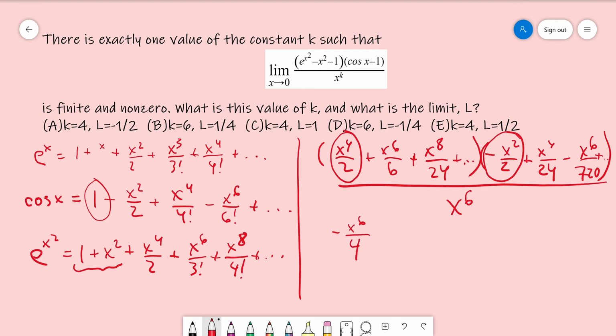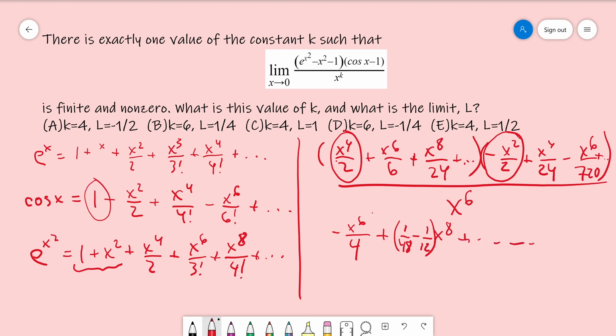And then the rest of the terms are going to be higher powers, like x to the 8th, whose coefficient is going to be, if you take x to the 4th and x to the 4th, 1 over 48, and 1/6 minus 1/2, so that's going to be minus 1/12. Okay, and it'll keep going this way.